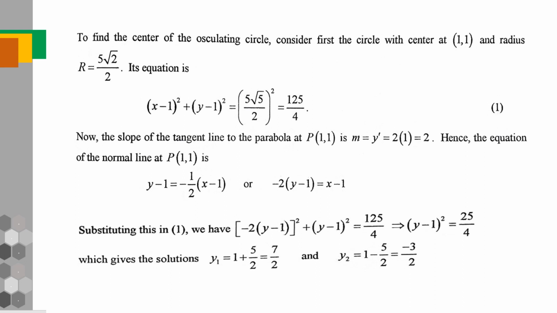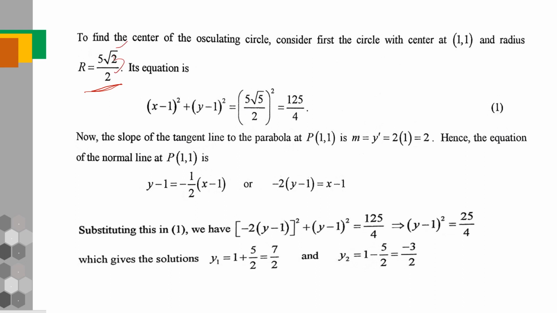So to find the center of the oscillating circle, consider first the circle with center at 1, 1. Okay, so kanina, yung point natin is 1, 1. So i-consider muna natin na yun yung center ng ating circle, oscillating circle. So, na-compute naman natin to, no? Yung radius is 5 square root of 5 over 2.